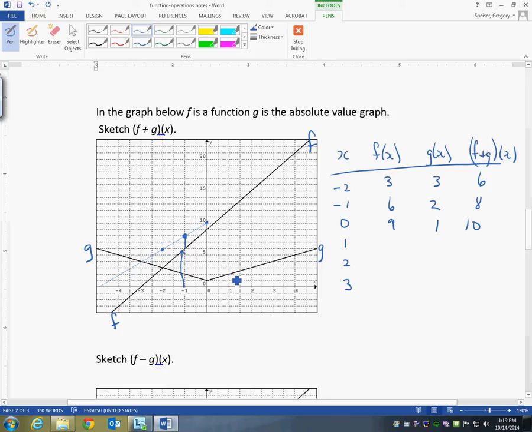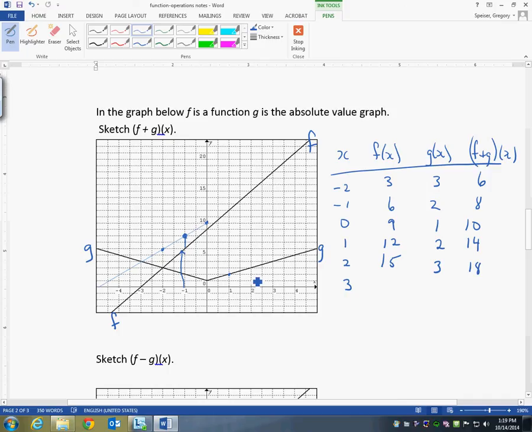So when x is equal to 1, here's the spot, g of x is equal to 2, and f of x is equal to 10, 11, 12. So here I get a 14. When x is equal to 2, I get a 1, 2, 3 for g of x, and I get a 10, 11, 12, 13, 14, 15, and so I get an 18.